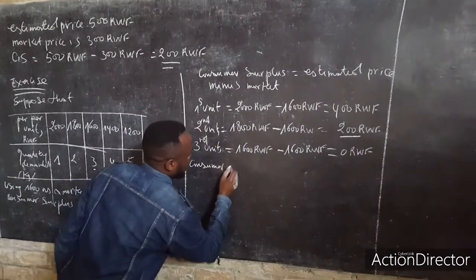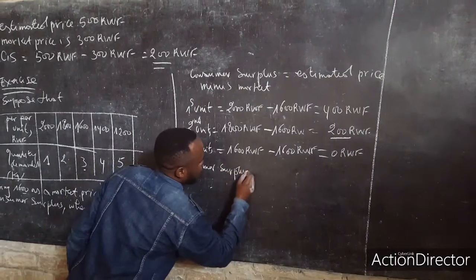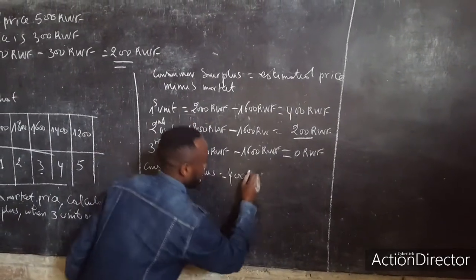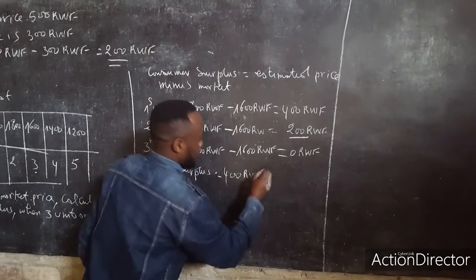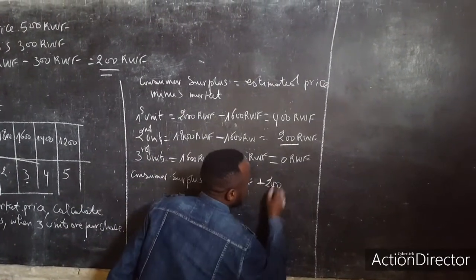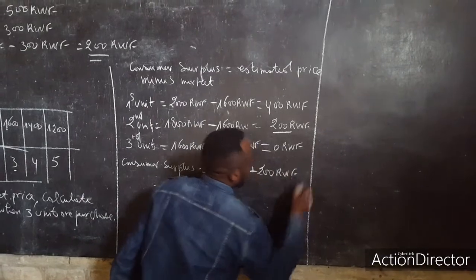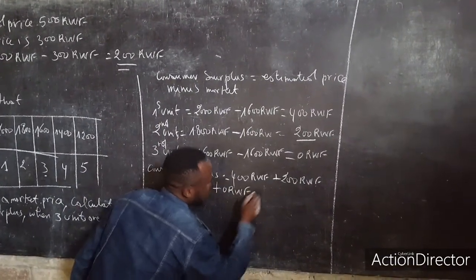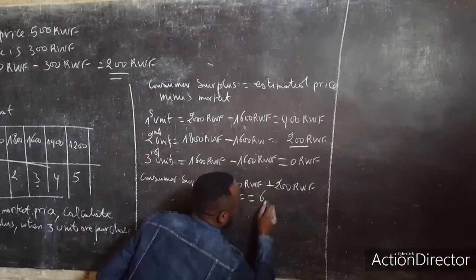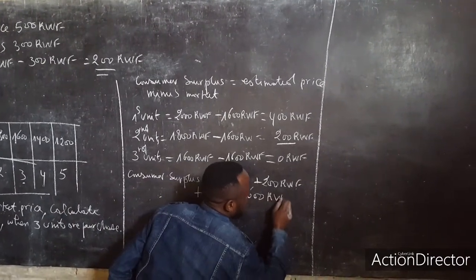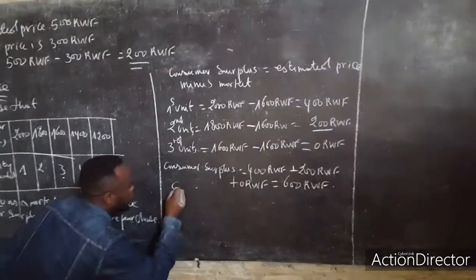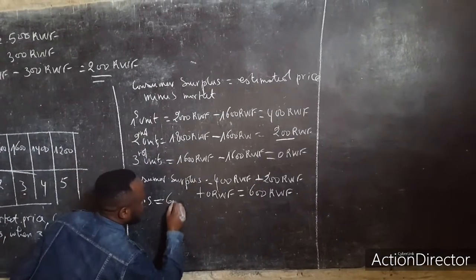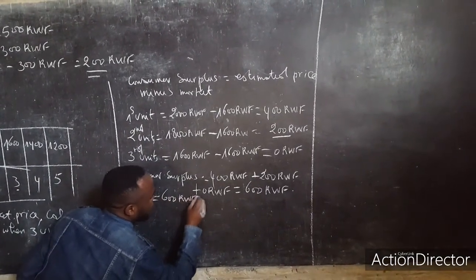Consumer surplus is equal to 400 Rwandan francs plus 200 Rwandan francs plus 0 Rwandan francs equal to 600 Rwandan francs. Meaning that consumer surplus in this situation is equal to 600 Rwandan francs.